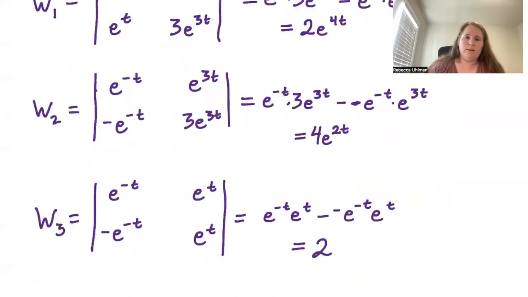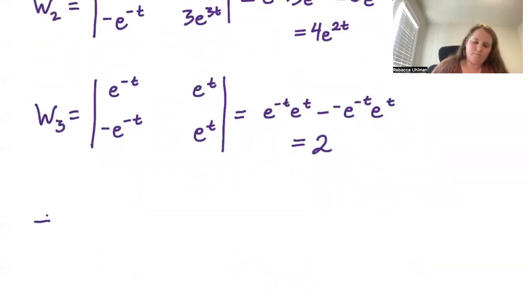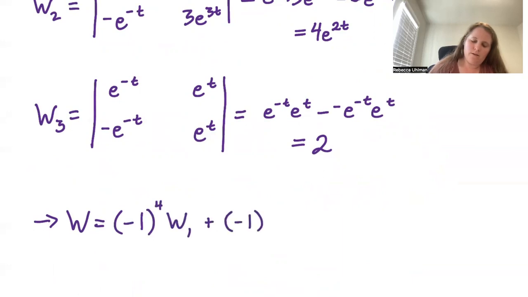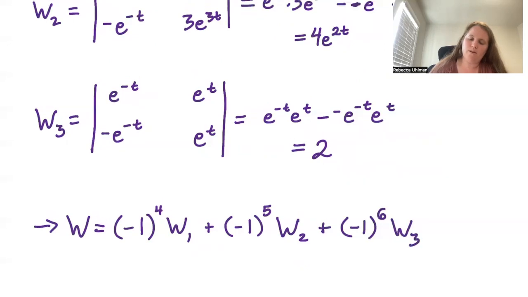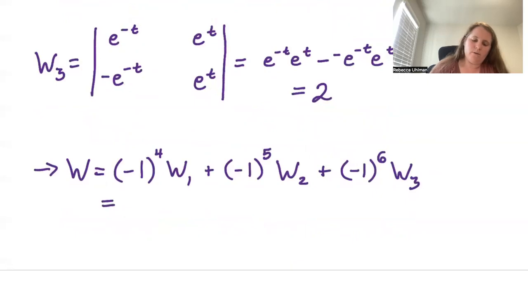So putting these all together, we have that our W, which was -1 to the 4th times W1 plus -1 to the 5th times W2 plus -1 to the 6th times W3. W1 was 2e to the 4t. So we are looking at -1 to the 4th is +1 times 2e to the 4t.